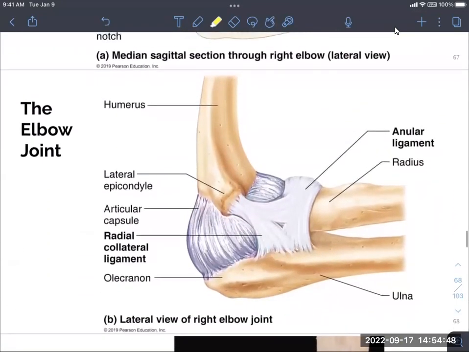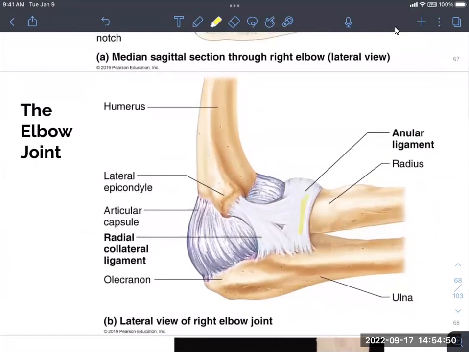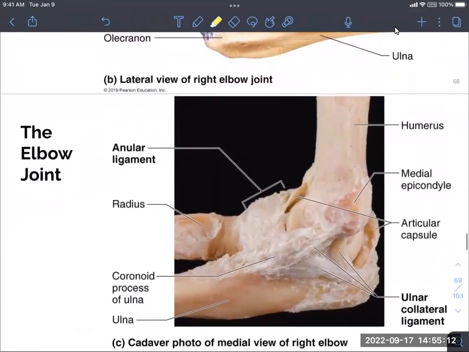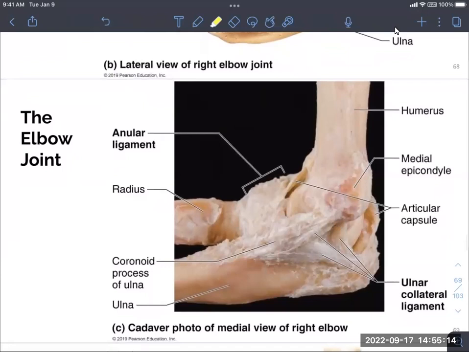Now let's look at the ligaments. This annular ligament right here is what's wrapped around the head of the radius. Then our collateral ligaments, it attaches the radius to the humerus. So here's another view. You see that annular ligament on this cadaver.